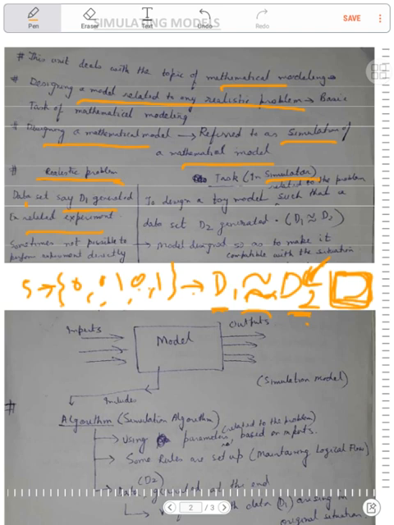To design a toy model related to the problem, whatever problem we consider for which D1 is obtained, we design a toy model such that another data set D2 is generated, with D1 approximately equal to D2, and this approximation lies within the specified range of accuracy.